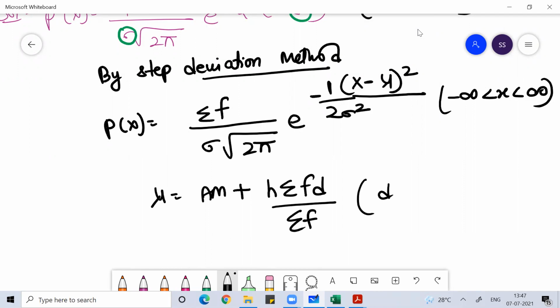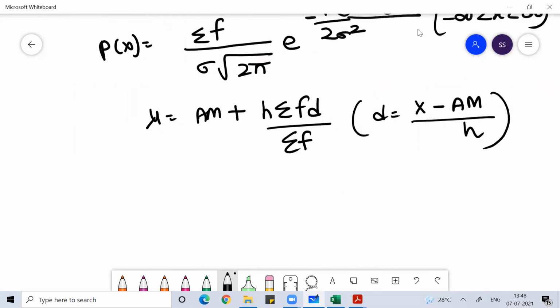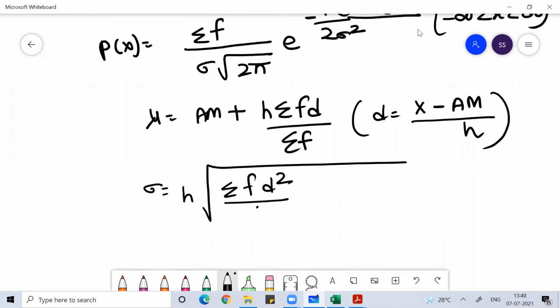Where d is the step deviation: d is x minus assumed mean by h. The formula for the standard deviation is h into under root of summation of fd square by summation of f minus (summation of fd by summation of f) whole square. This is the formula of standard deviation.